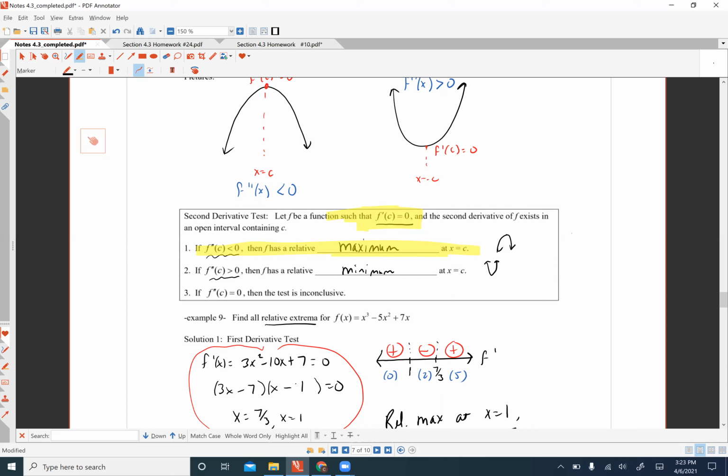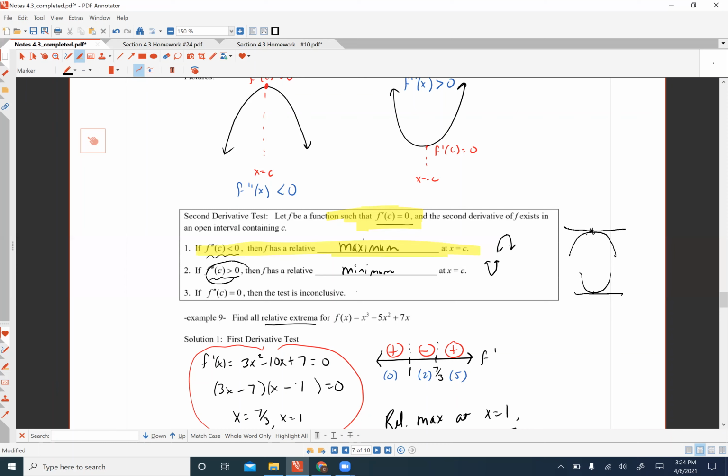Well, you have to have a maximum, because if the second derivative is negative, the curve is concave down. f prime of C has a horizontal slope, and the curve is concave down, so it's got to be a maximum. Now say we have some critical point C and the second derivative is positive. That means the curve is concave up, and with the horizontal slope, it has to be a minimum.